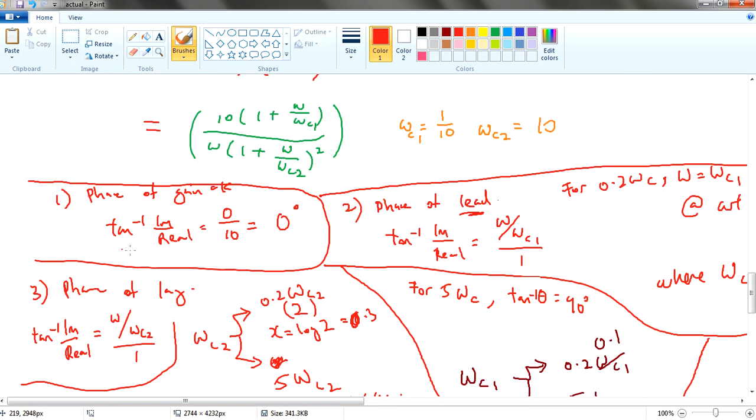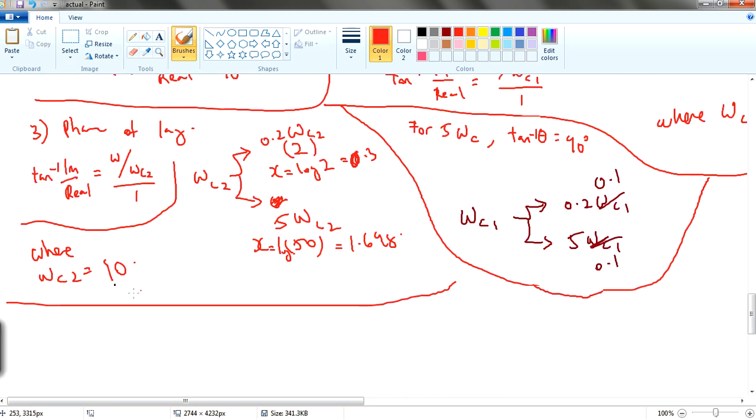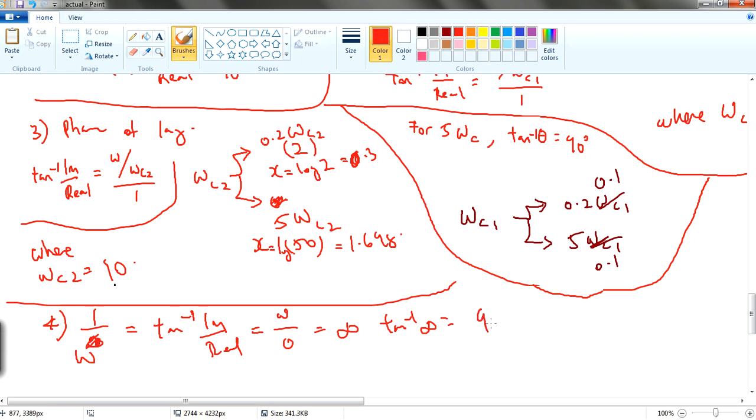The integrator is simply, if you want 1 over s, tangent inverse of imaginary over real. The imaginary part is actually j omega, s equals omega, right? So omega divided by 0 equals infinity, and tangent inverse of infinity equals 90 degrees.